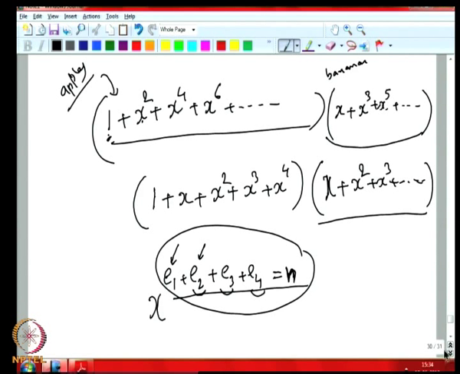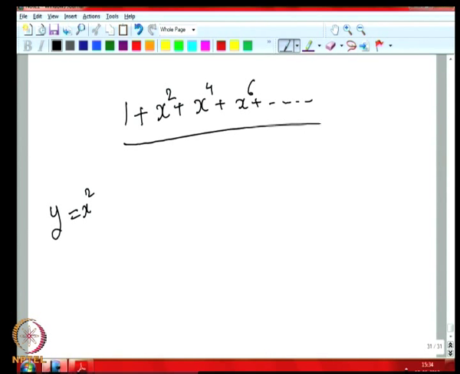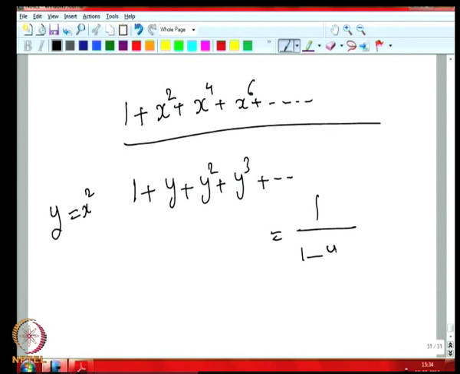Of course one will ask, how will I get a formula for 1 plus x square plus x raised to 4 plus x raised to 6 and so on. What I suggest is put y equal to x square, then what will happen to this sum? This will become 1 plus y plus y square plus y cube and so on. We know this is actually 1 by 1 minus y, and substitute for y now.